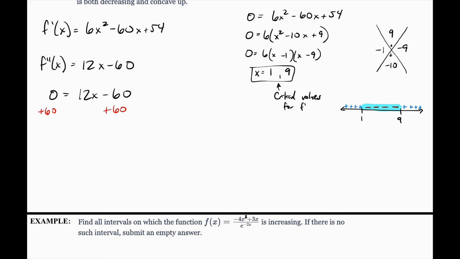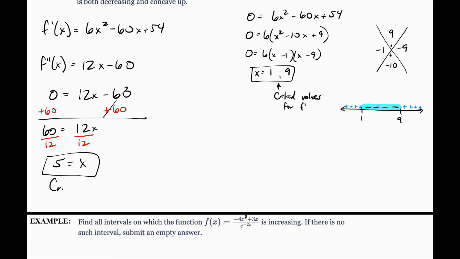You guys have been doing this, I think, since 7th grade, 6th grade. Divide by 12. You get x equals 5. So that's the critical value for f double prime.